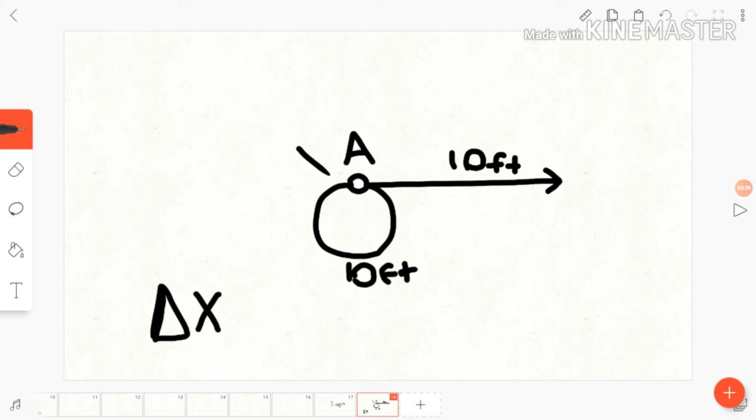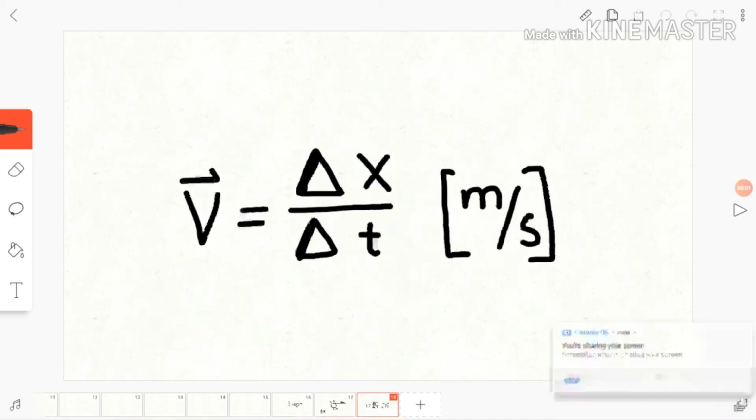The displacement would be 0, because we're no farther from point A than when we started. Later, when we learn about kinematic equations, we'll see delta x. Delta means change in, and x is position, so it's the change in position, which is the displacement. So if you see delta x, you'll know that's displacement.